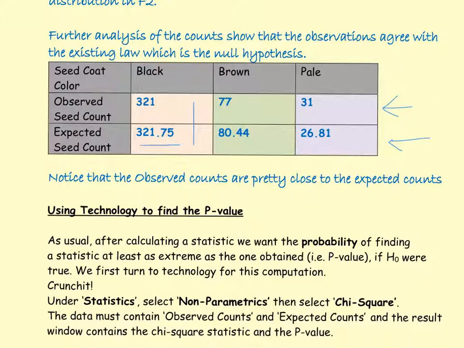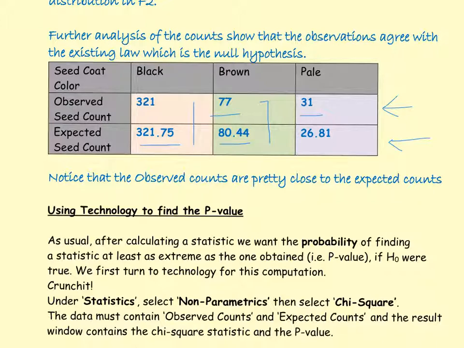That is very close to what is expected. We look at the brown seeds. The observed number of seeds coming from the table of observations was 77, and what was expected based on the genetic law was 80.44. Again, very close to what is expected.